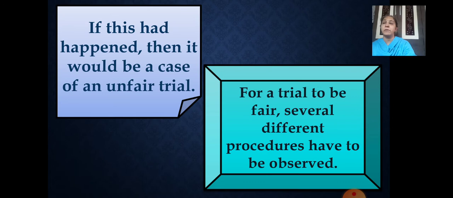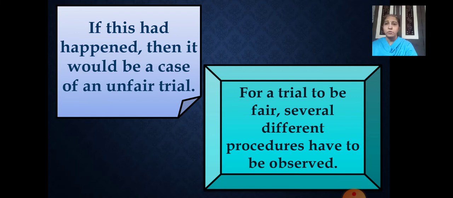The court would simply give the punishment to that accused person without listening to the evidence and anything, right? But for a trial to be fair, several different procedures have to be observed. Now let's move to that procedure.